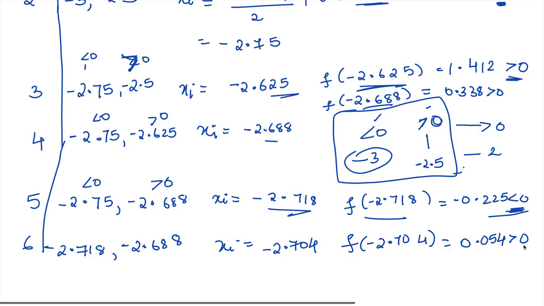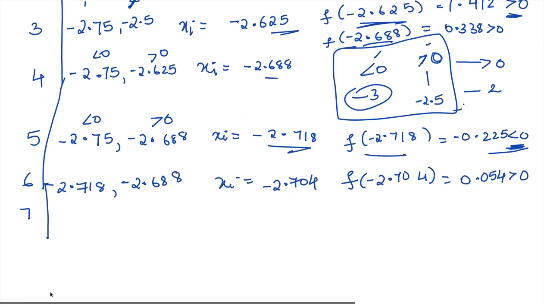So if this is greater than 0, what will we take from the previous interval? We will take something which was less than 0, right? So the interval is minus 2.718, minus 2.704.